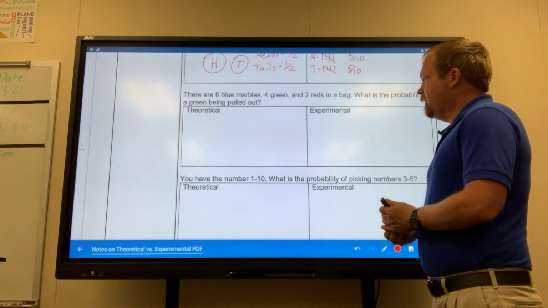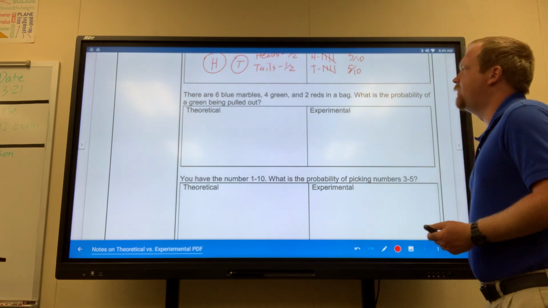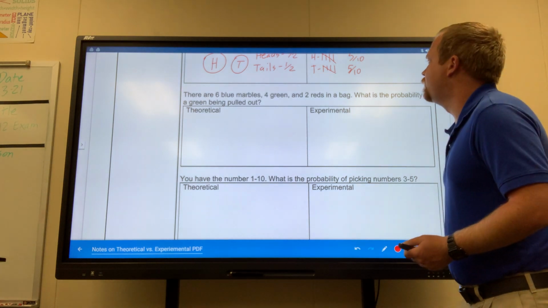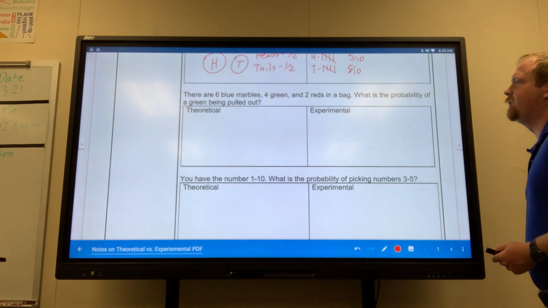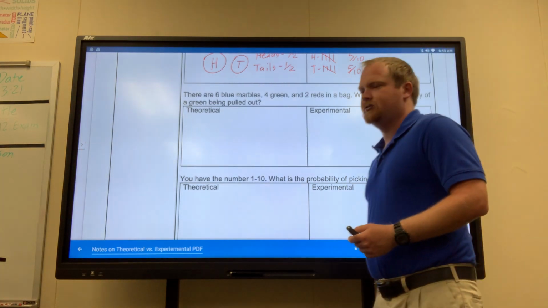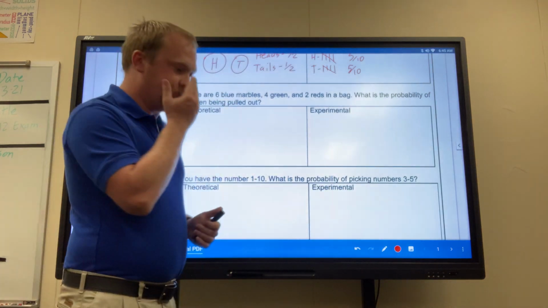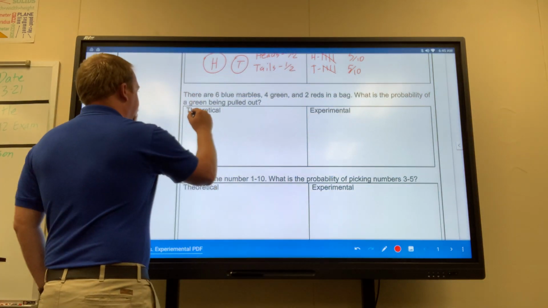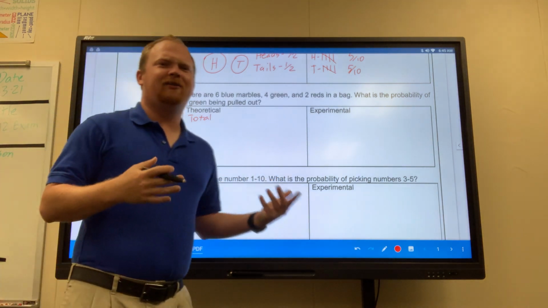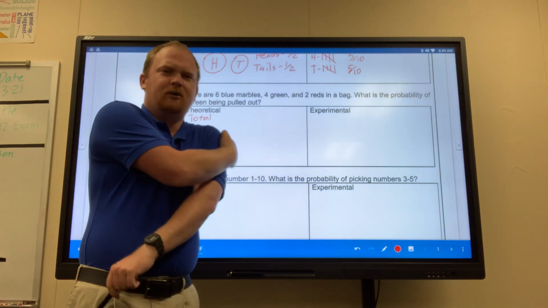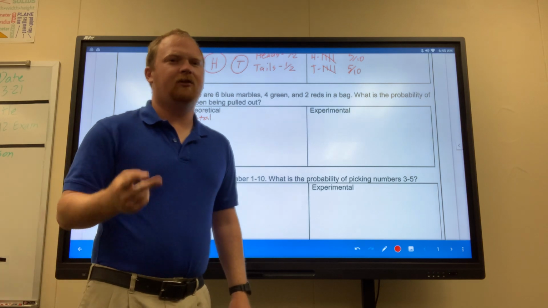So now let's look at another one. There are 6 blue marbles, 4 green marbles, and 2 red marbles in a bag. What is the probability of pulling a green out? So let's think about this. First of all, now it's not as clear cut, okay? Because with a coin, we know there's 2 sides of a coin.